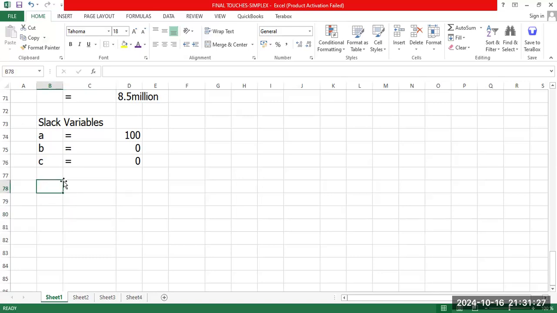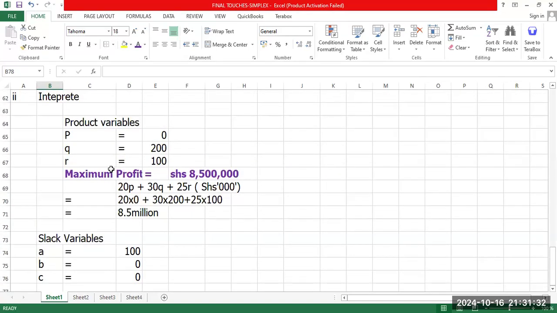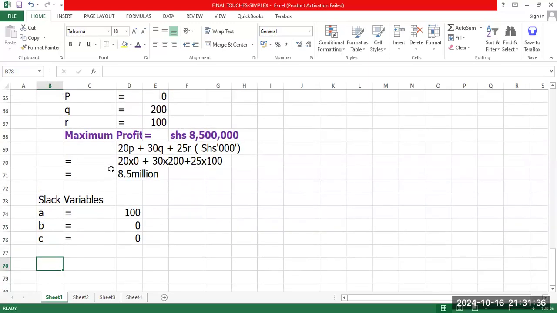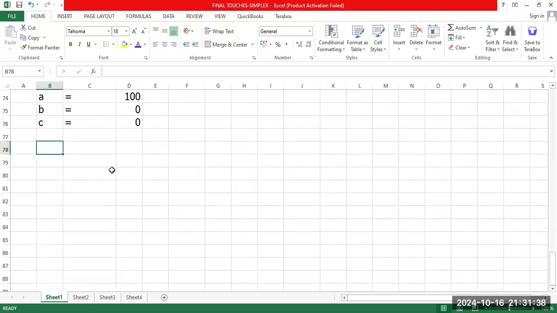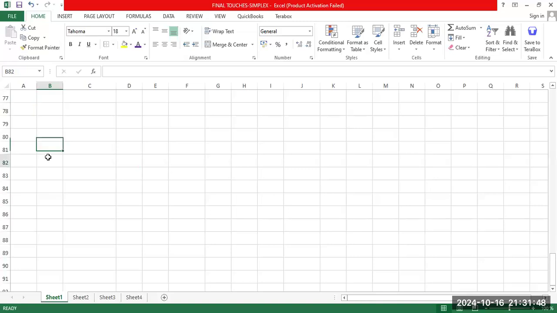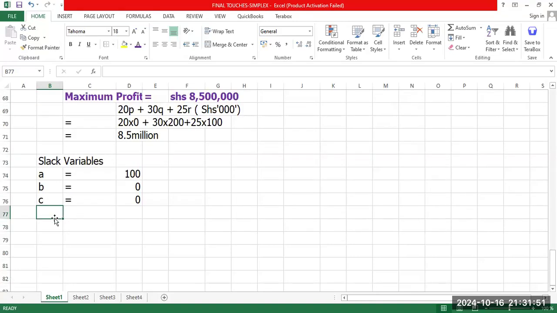Just like that. And it means that other resources like direct labor, machine 1, machine 2 were fully utilized. You just write something. Remember, in an exam, colleagues, the presentation of your answers can earn you some marks.